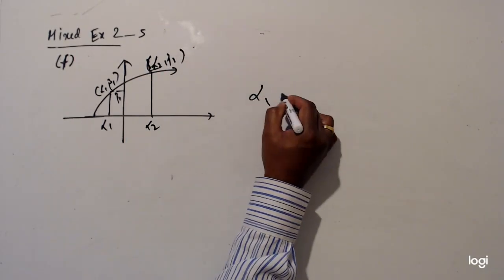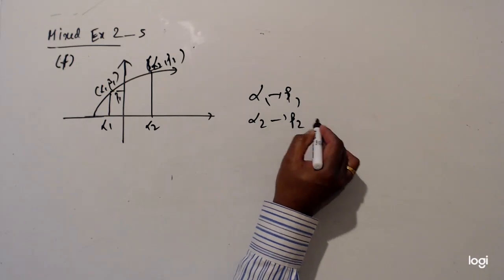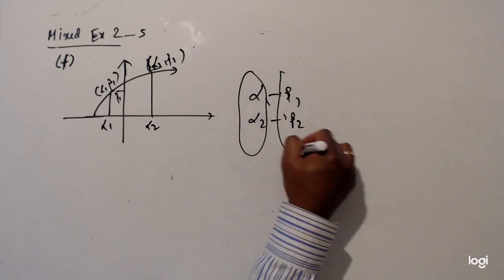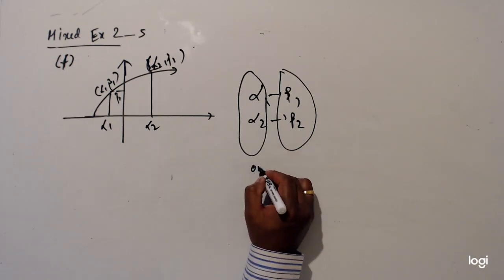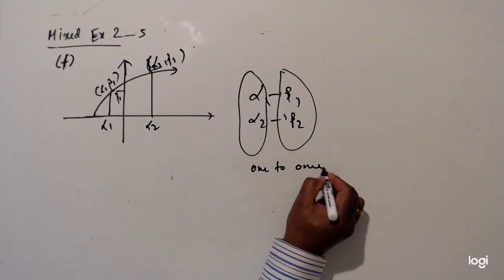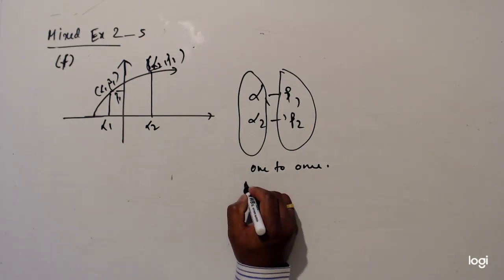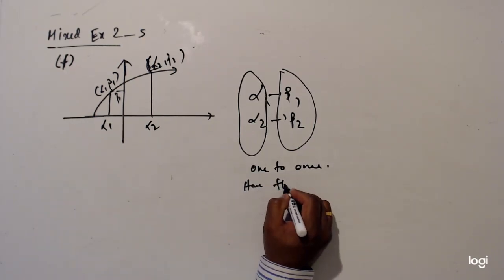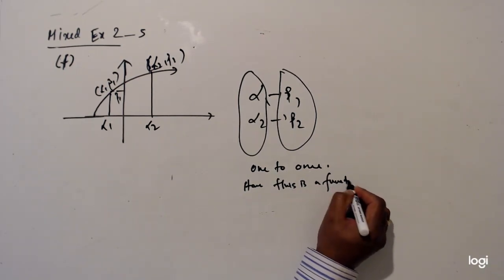Basically, alpha 1, beta 1, alpha 2, beta 2. Likewise, this is a function that is 1 to 1. Hence, this is a function.